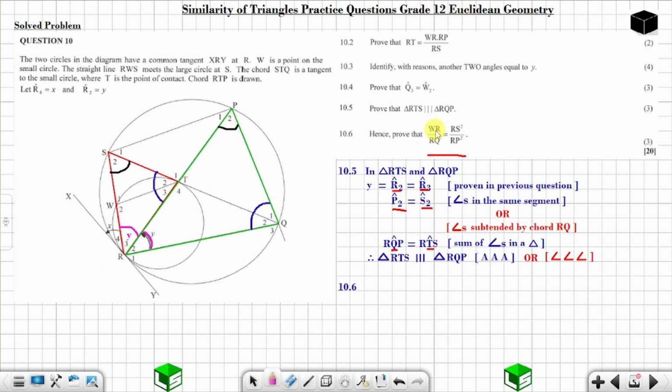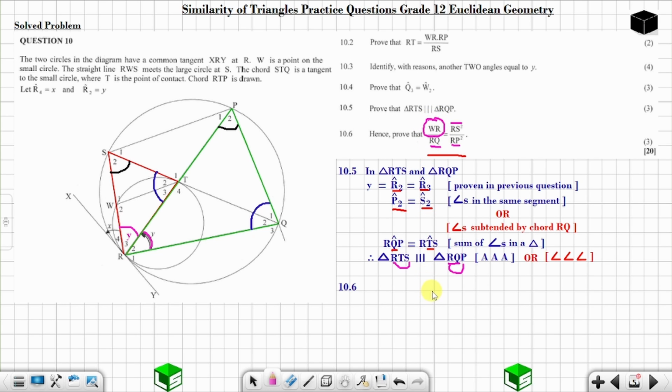You need WR. You don't have WR. You need RQ. You have RQ. You need RS. You have RS. You need RP. You have RP. So you don't have WR.